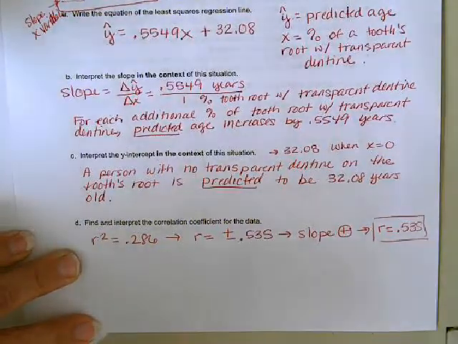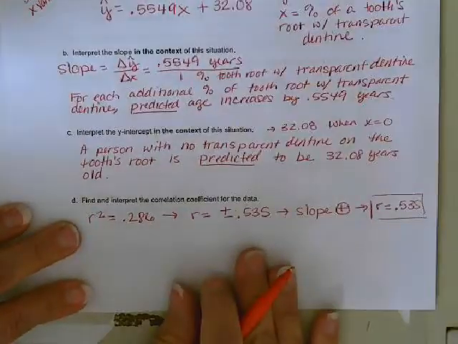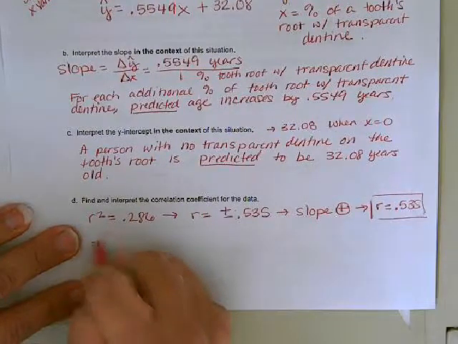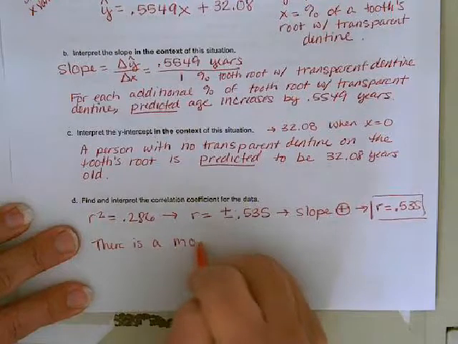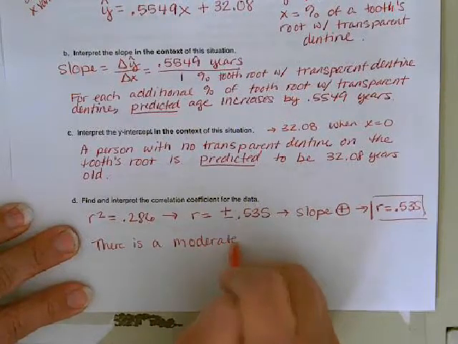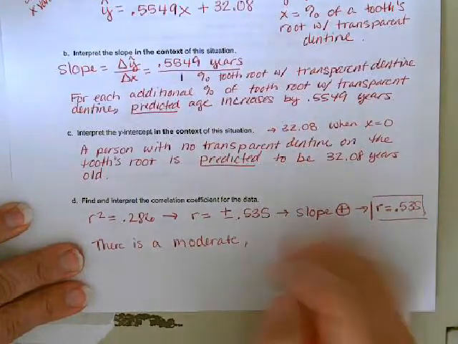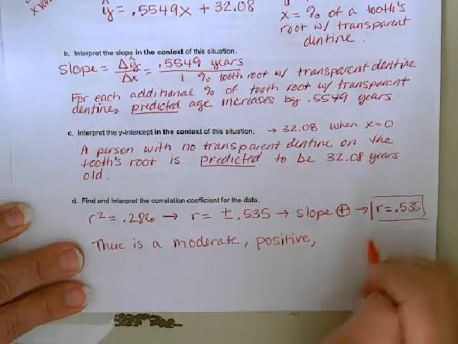So then interpreting the correlation coefficient, you need to talk about the strength. So 0.535 would be a moderate. We want to talk about the direction, positive. We want to talk about the shape.